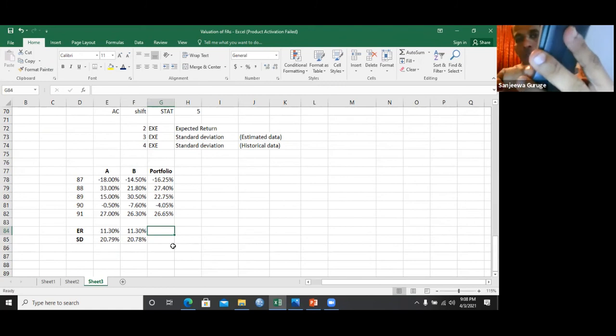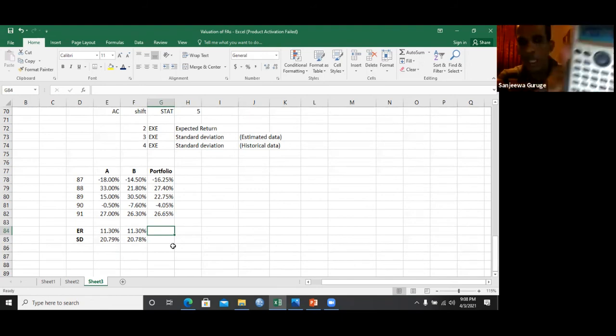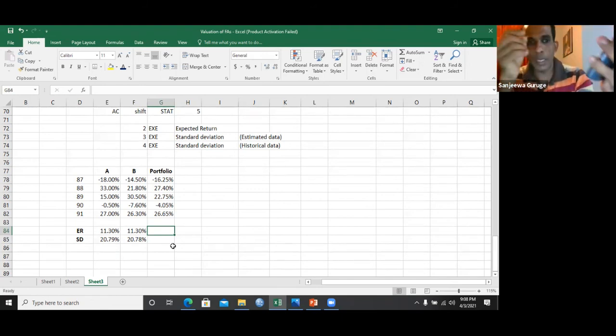You need to change only the data table. You go to stat and press EXE, go to the data table, and just replace the data: minus 16.25, 27.4, 22.75, minus 4.05, and 26.65.